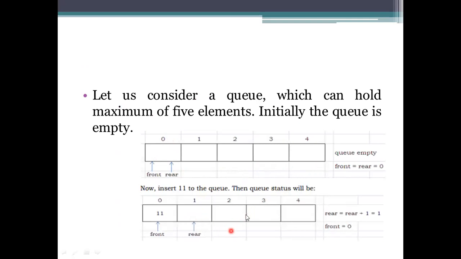If you see the next representation, the front is at 0 and the rear is moving to the next position like that. If the rear is at the maximum size and the front is equal to 0, we specify that there is no room for inserting an element.